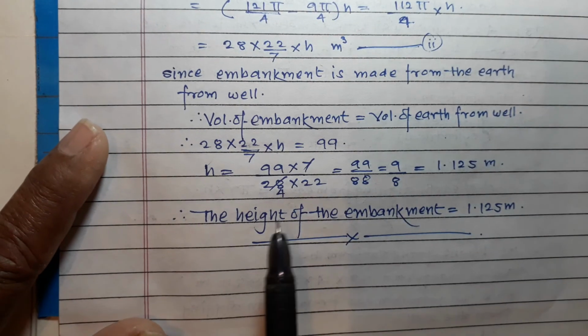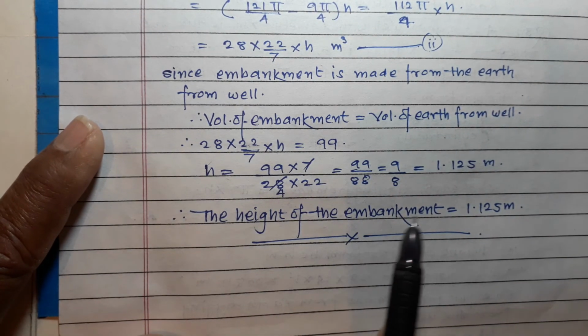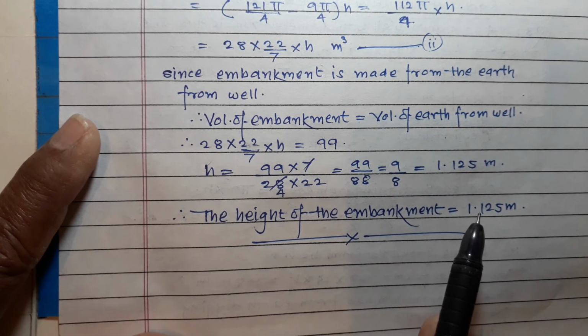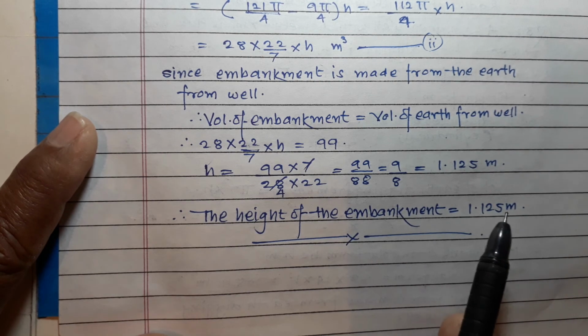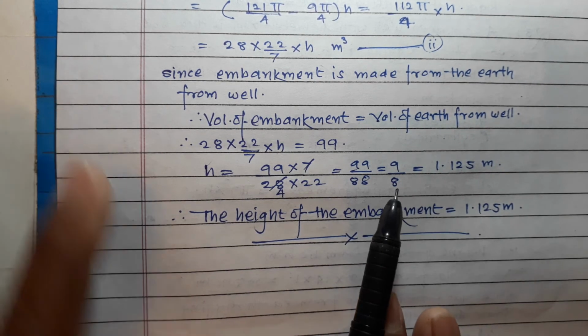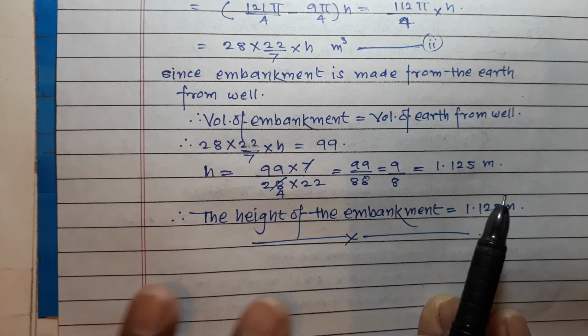So therefore the height of the embankment is equal to 1.125 meters.